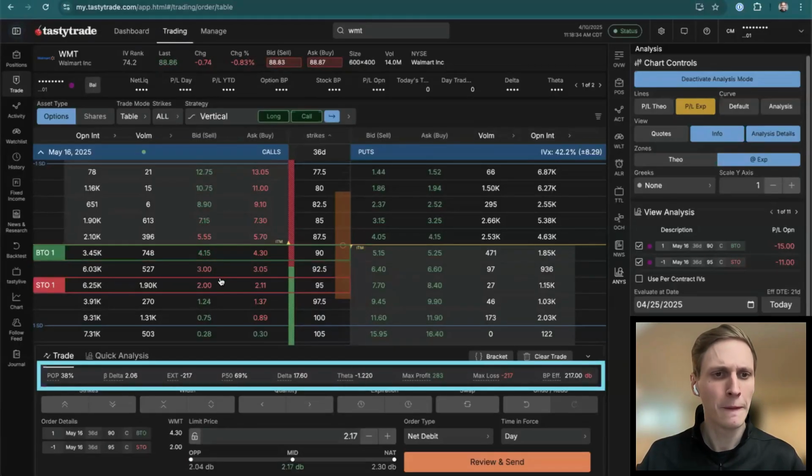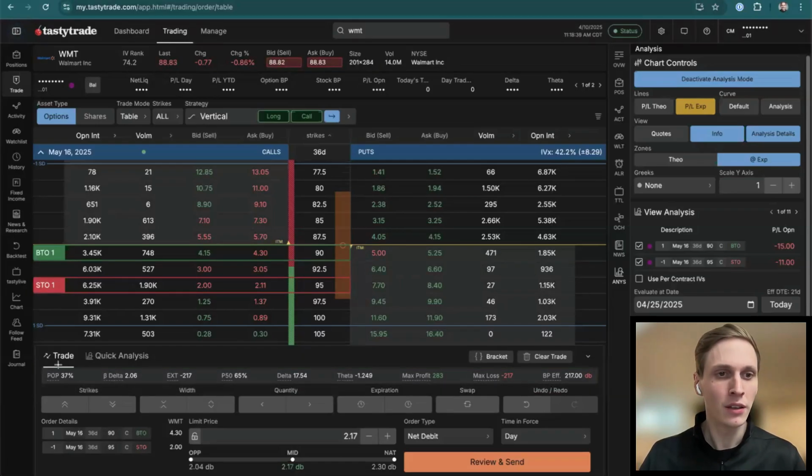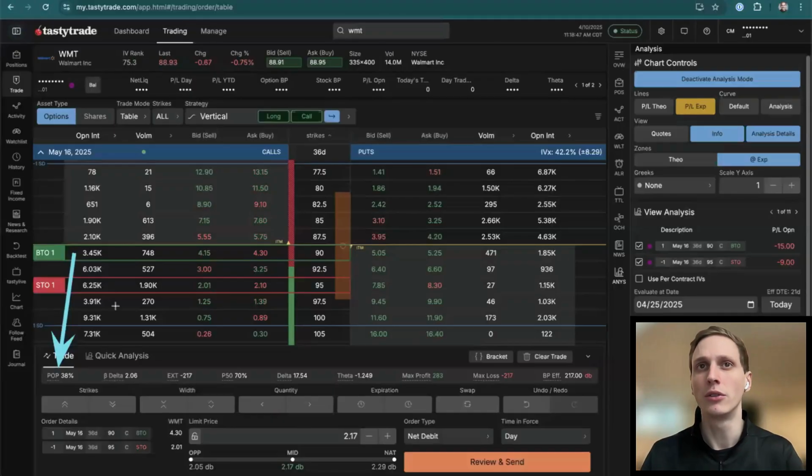Why not? And here we can see some data like POP, which stands for probability of profit. This is a metric looking at the chance that your option spread is going to profit at least $1 upon expiration.